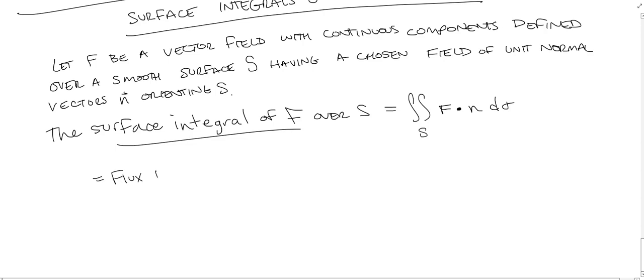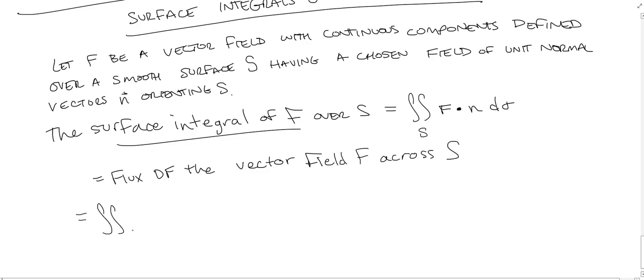So this integral equals the flux of the vector field across the surface S. This is the flux of the field F across S, and we can evaluate this surface integral as a double integral over the region R, where F is dotted with the partial derivative of r with respect to u cross the partial derivative of r with respect to v, so that cross product there, du dv. This would be for a parameterized surface.